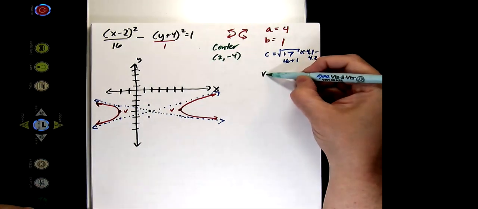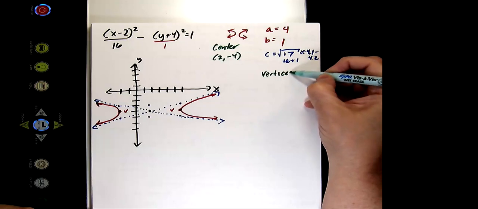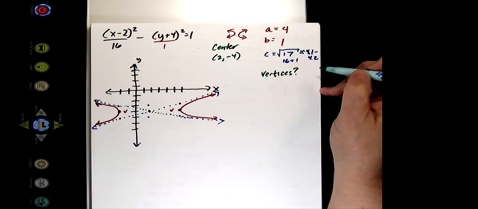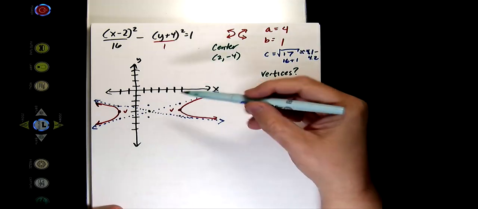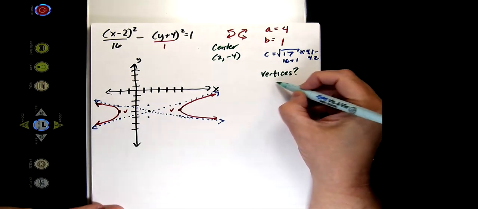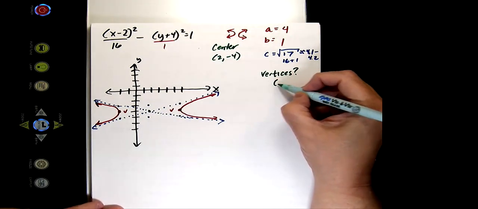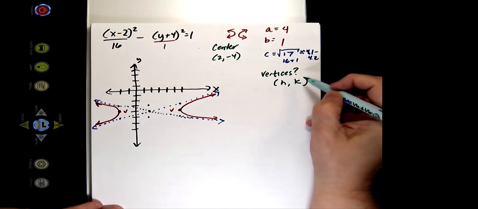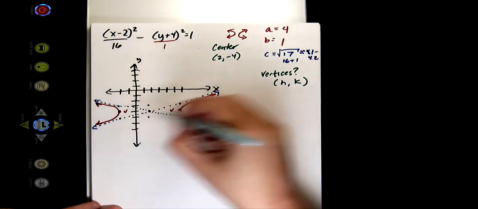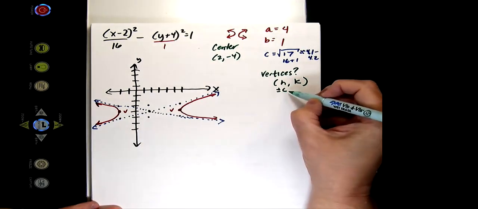Where are my vertices at? Now you can do the route of finding them on the graph and calculating the position. Or remember they start at (h, k) and there's A away from it along the transverse axis. The transverse axis is left and right, so it's going to be plus or minus A here.